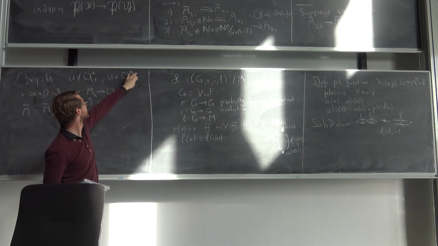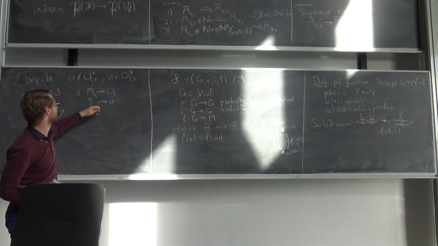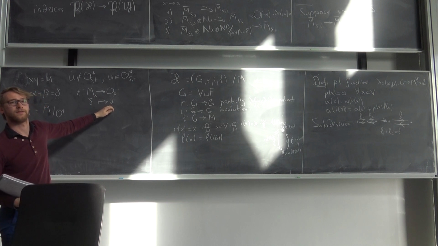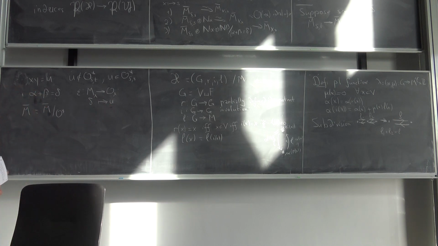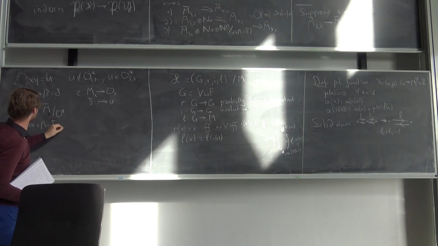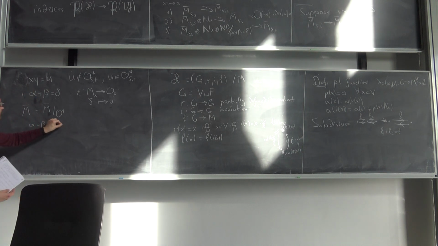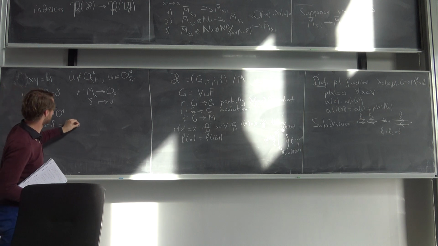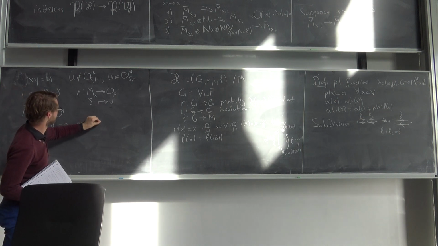And over S, we get that this actually maps to 0. Now the point is that because we're looking over sharp monoids, alpha plus beta equals delta should equal 0 over S.